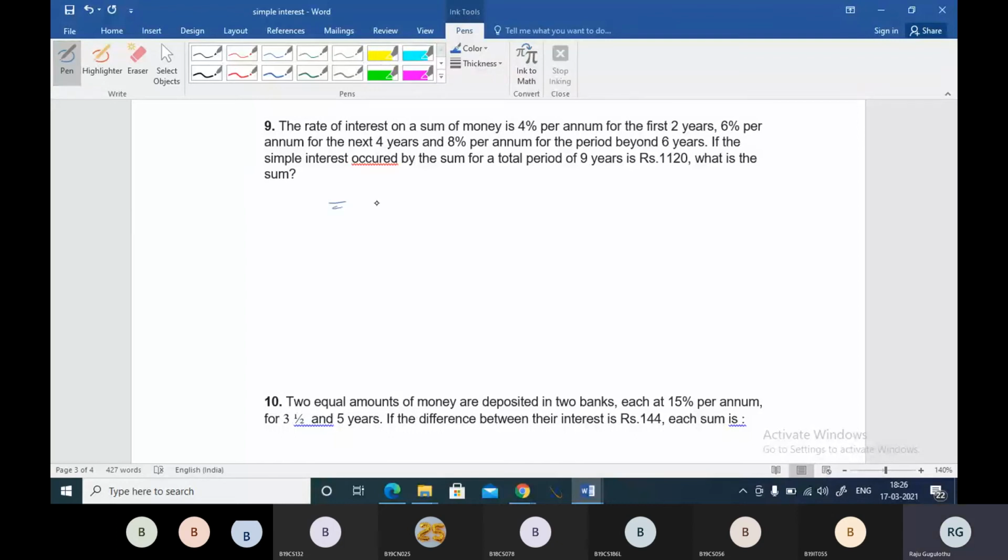4 years at the rate, boss. 6% for the next 4 years. Now 4 years plus 2 years, 6 years completed, boss. Total 6 years completed. Okay, and 8% per annum for the period beyond 6 years. Beyond 6 years we have to take 8%. Fine. If the simple interest occurred on the sum for a total period of 9 years, we want the 9 years total period, so 6 years already over, so 3 years we will have.